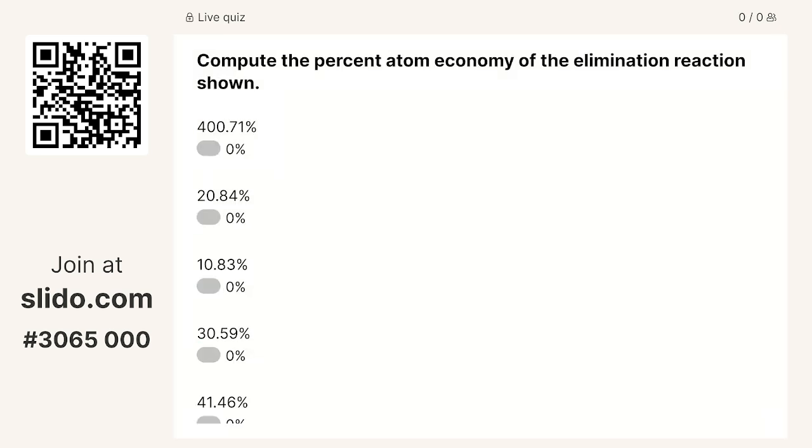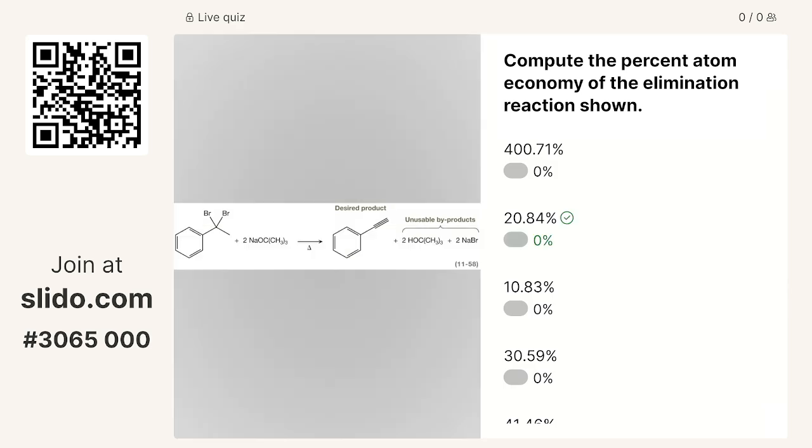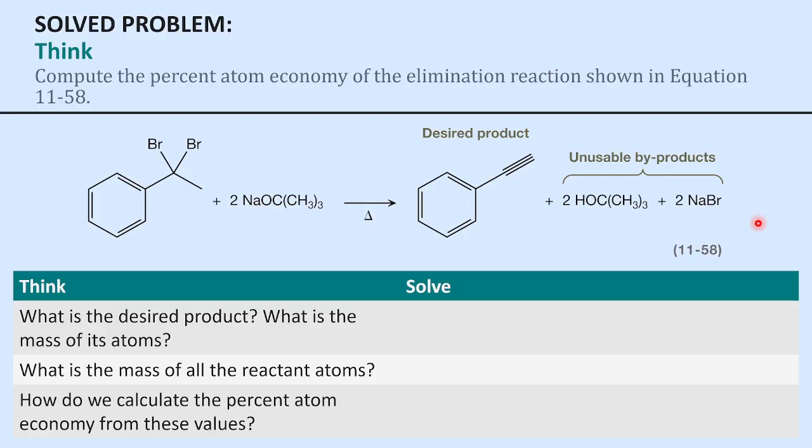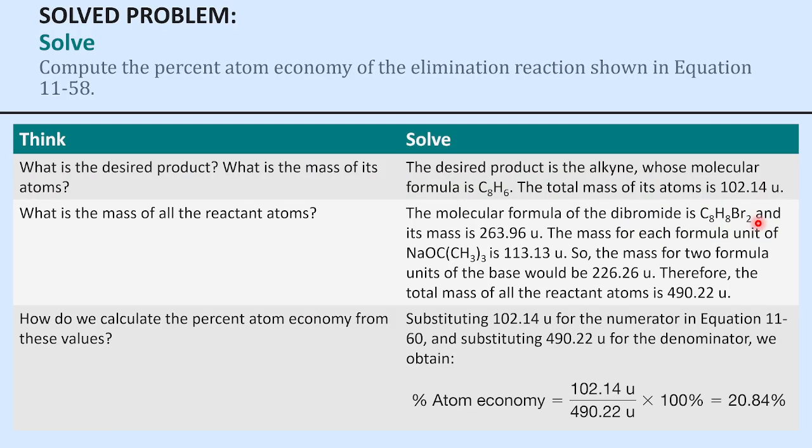There would have been a quiz, but I'm going to skip through that. Okay, and so we go ahead and add those up. The molecular formula for the dibromide and its mass is this right here. The mass for each formula unit of NaOC(CH3)3 is 113.13 from the periodic table.